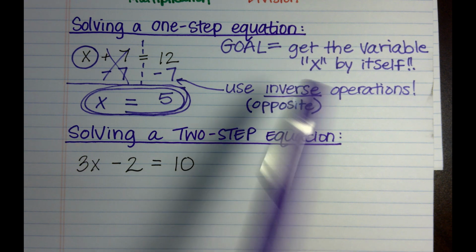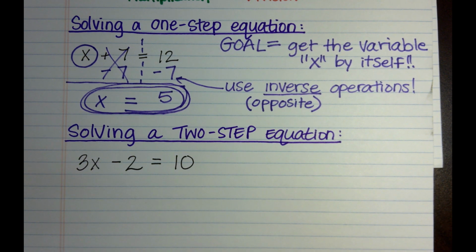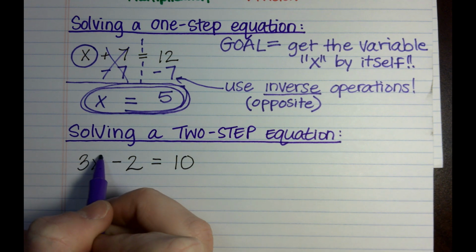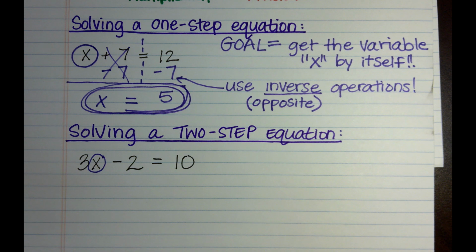No, we still want to get the variable x by itself. Sometimes it helps to circle it, just identify where it is. And whatever side of the equation x is on, that's going to be the side that we move stuff over from. We're trying to get that by itself.